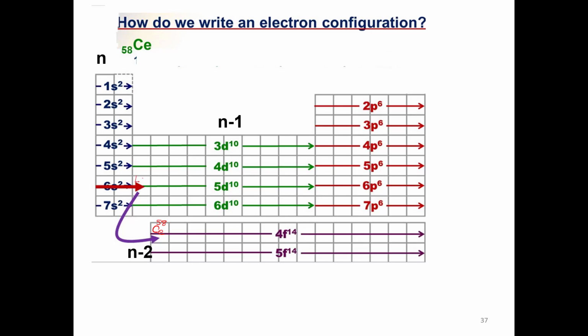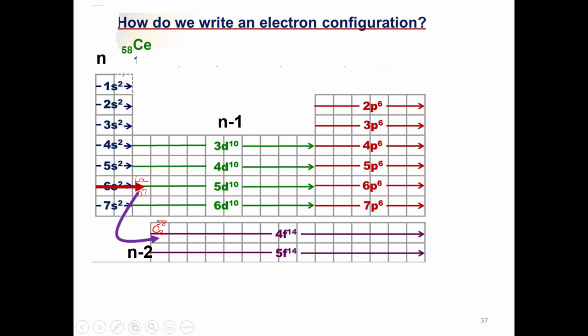This is why we need to jump. For the first part, we write the electron configuration in the way we learned, and when we reach here, we need to jump to here.